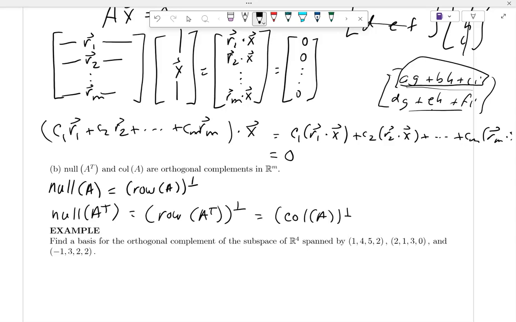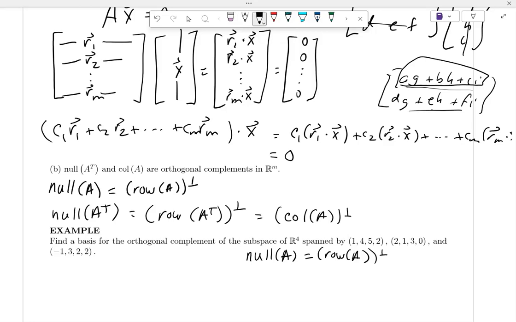All right. Let's talk a little bit, though, about how we find a basis for the orthogonal complement. I want the orthogonal complement of the subspace of R4 spanned by those three vectors. Well, the things that we know are orthogonal complements are null space and row space, right?